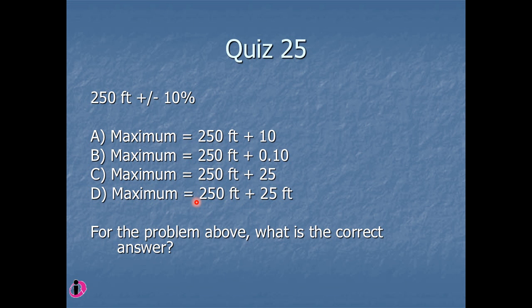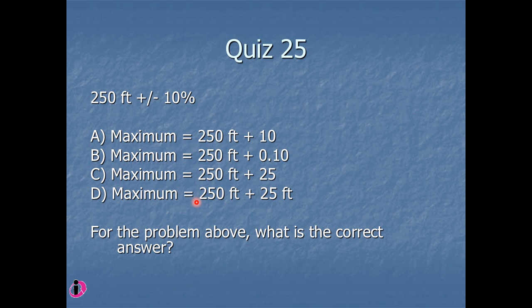So how do you find it? The nominal value is 250 times 10%, which is 250 times 0.1. 10% means 0.1, and that makes it 25. Now 25 is the nominal value.